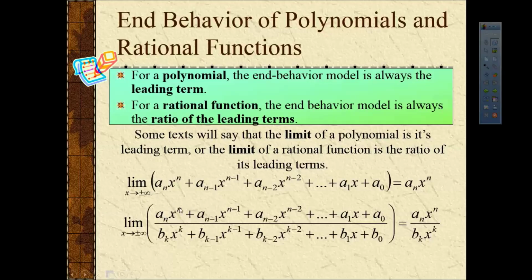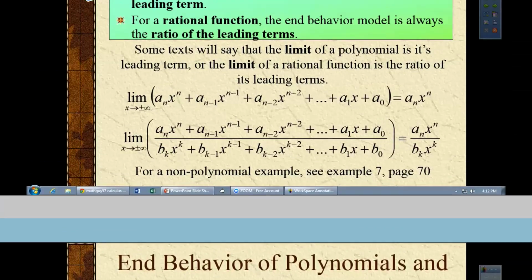So this is a sub n x to the n over b sub k x to the k. The ratio of those leading terms, the ones with the highest power. Some textbooks will call them end behavior models. That's what our textbook does. Other textbooks will simply say that the limit as x goes to infinity is this ratio function.